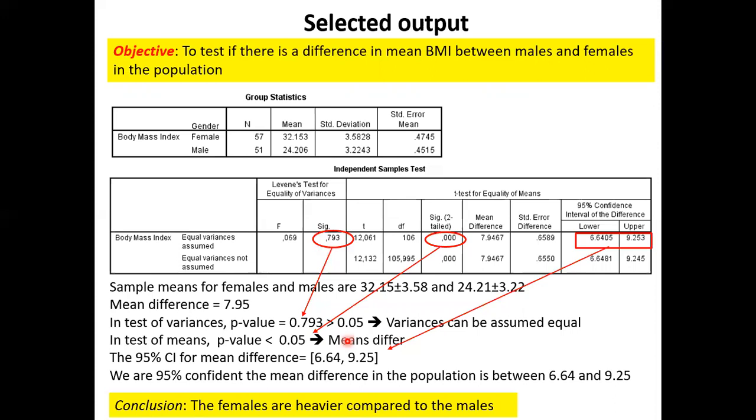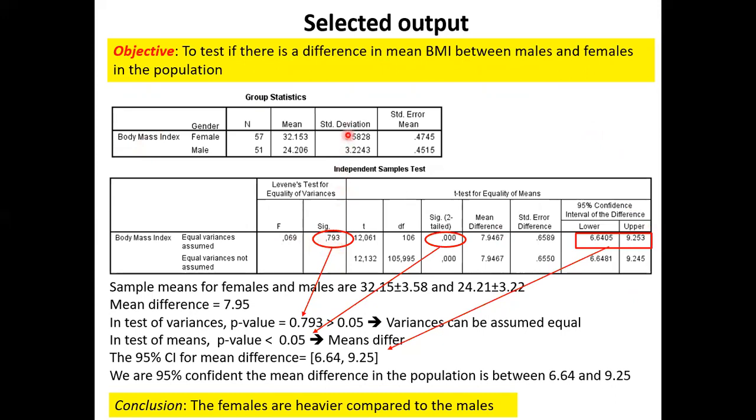The means are different. How much difference? The difference can be anywhere between 6.6 and 9.2. Right? Given my objective, BMI between male and female. Those are your mean values, and that's the difference, 7.9. Is it a big difference, small difference? Before going here, we check the variances first.